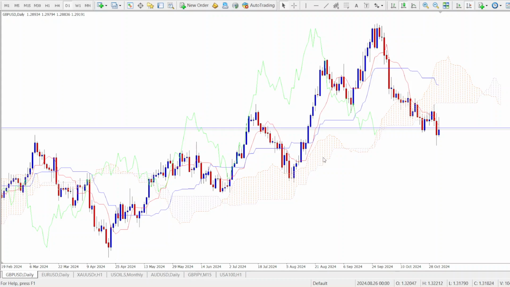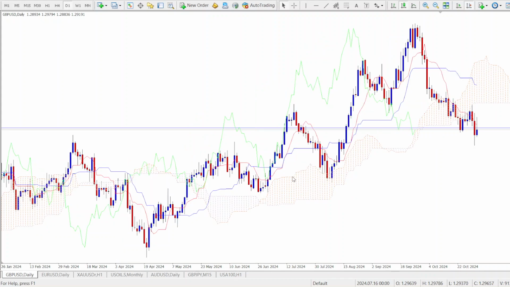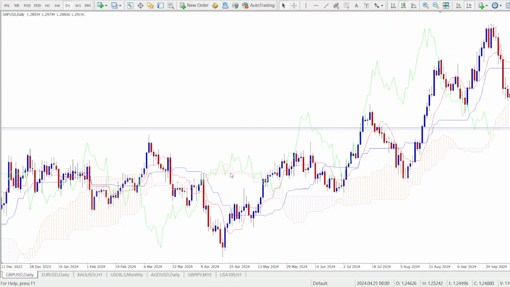A thin cloud suggests weak trends that might reverse. For example, we can see that at this point, you can see how thin the cloud was, and just shortly afterwards, the price of GBP USD broke above it because at this point it was serving as a resistance, right?